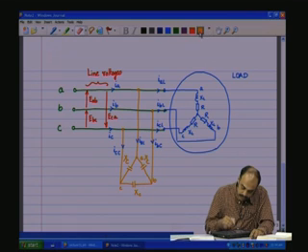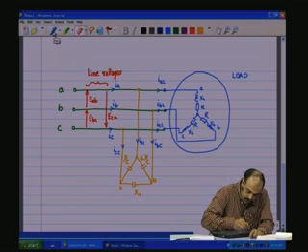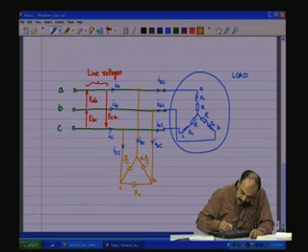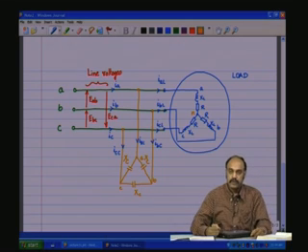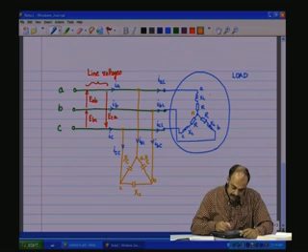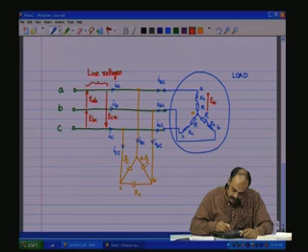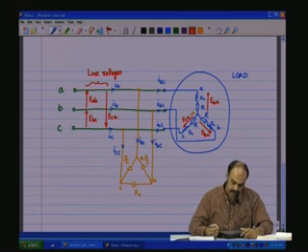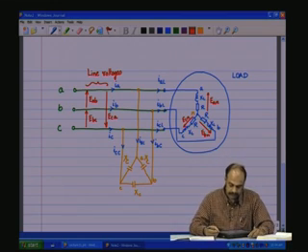Here at this point, let us also include in the star circuit a point called the neutral point, so that we can say this is EAN, and we have here EBN, ECN.